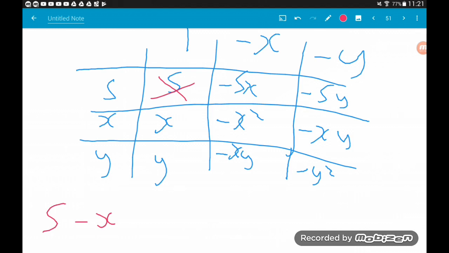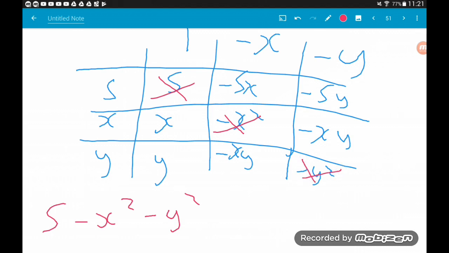Is that the only x squared we've got? Yes, it is. Cross that out. We've got minus y squared. Can cross that out. Good times.